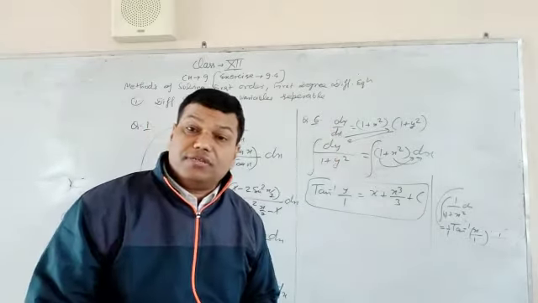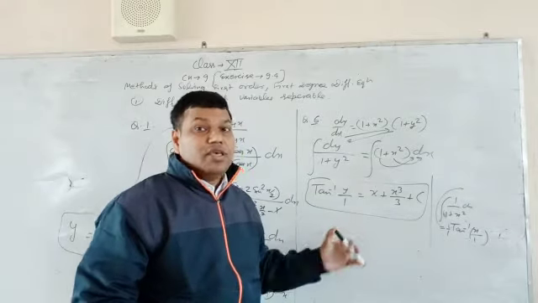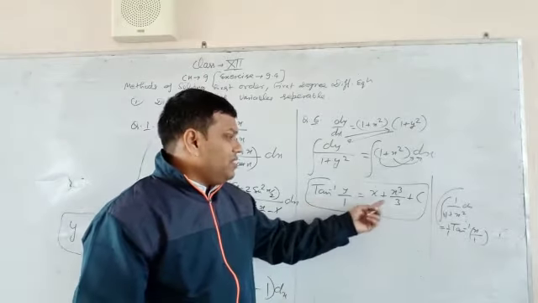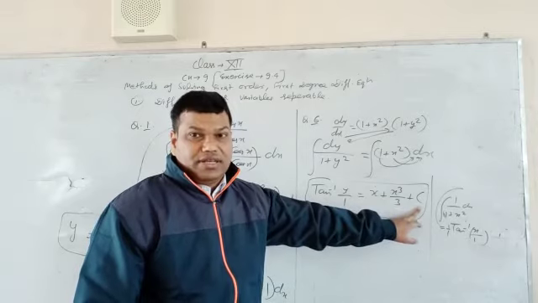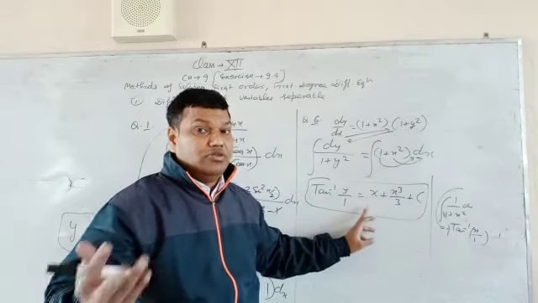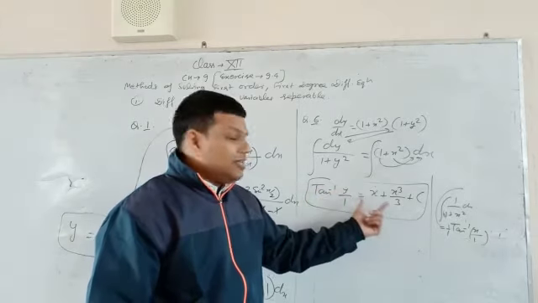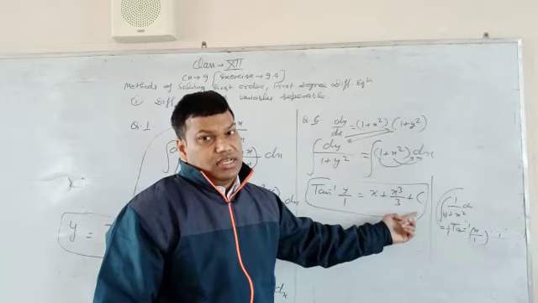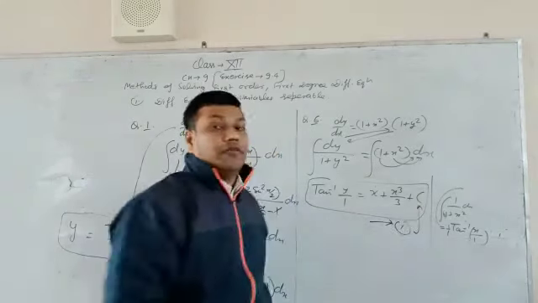What is the difference between the particular solution and the general solution? For a particular solution, we are given some values of x and y. By putting those given values of x and y, we can find out c, and we put that value of c in this equation.